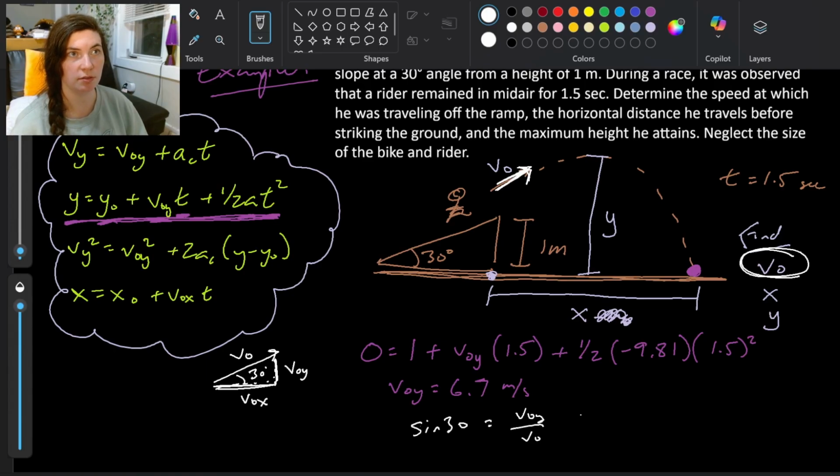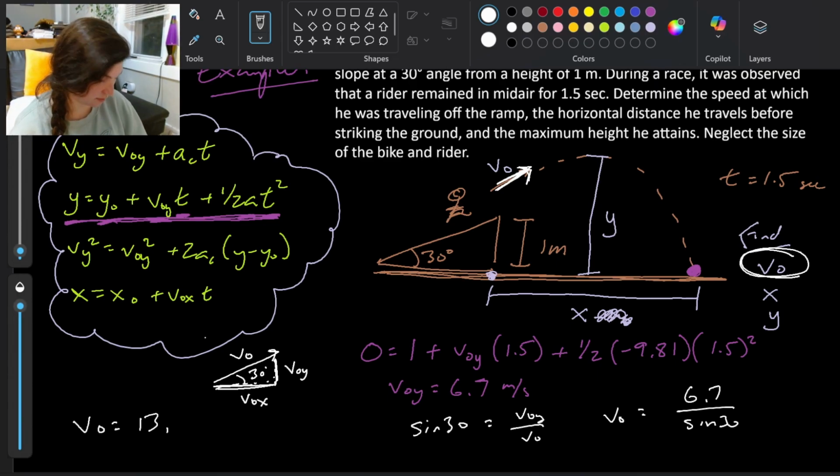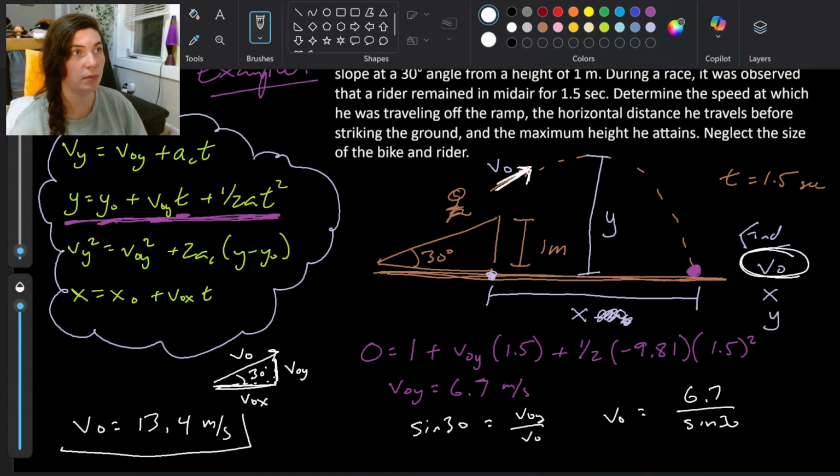Which means if I want to solve for V naught, I can take my V naught y value, which is 6.7, divide by sine 30, and I get an initial velocity of 13.4 meters per second. Perfect. That's one down. Now I just have 2 more to go.